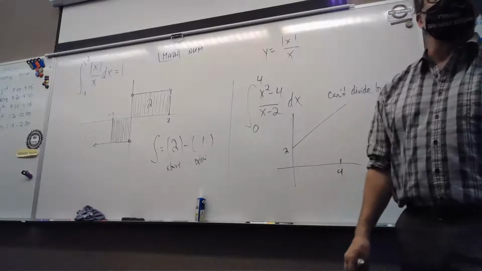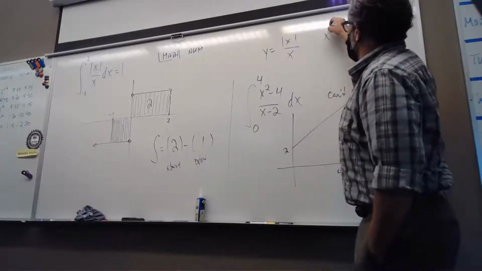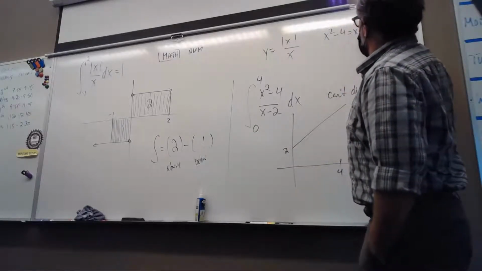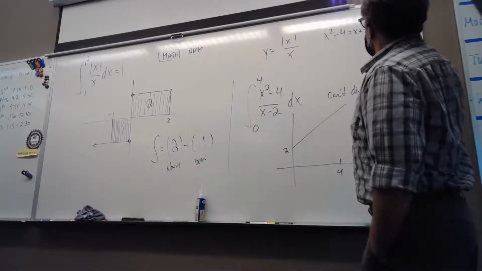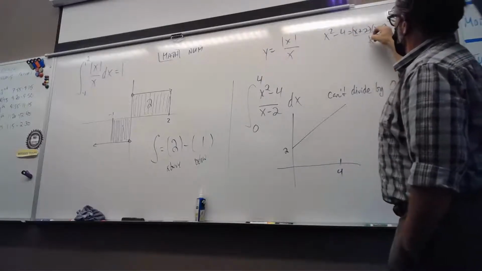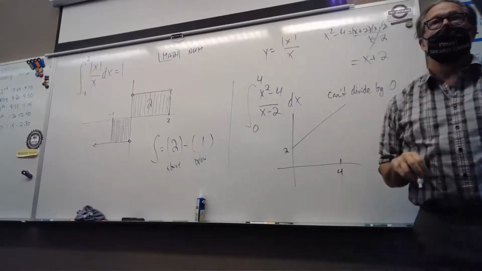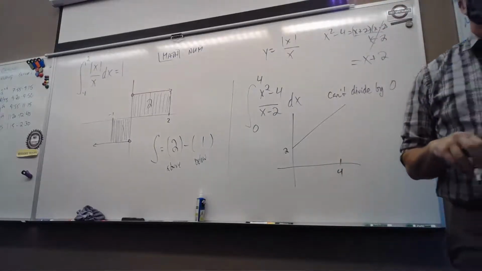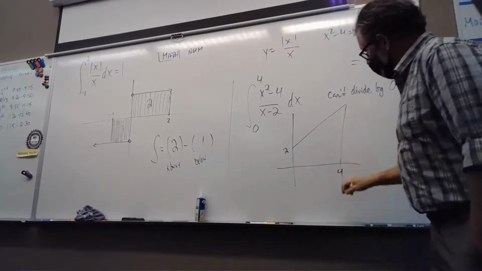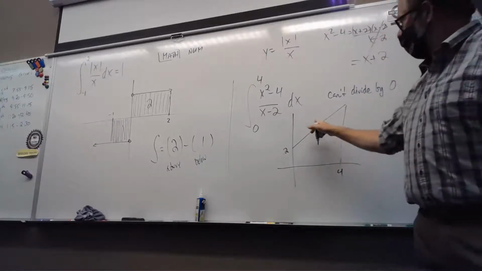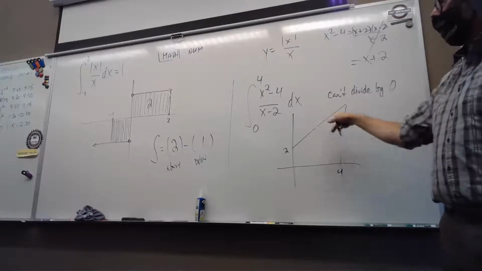We don't need to graph it. X squared minus 4 is x plus 2 times x minus 2. X plus 2 times x minus 2 divided by x minus 2 is the line x plus 2. So why can't it calculate that? Just because there's a hole right there, why can't it do that calculation?